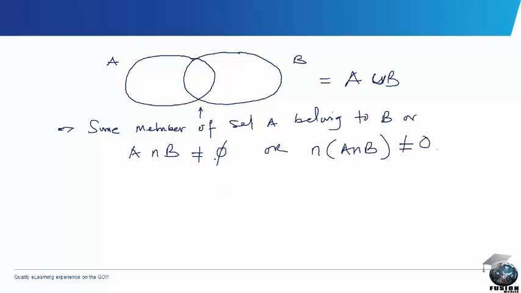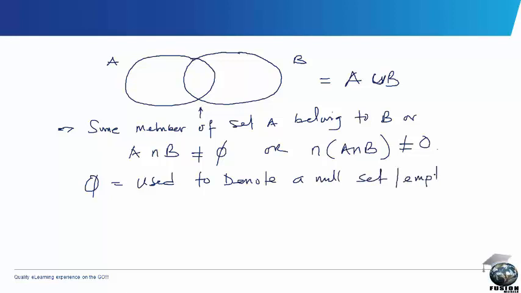There are members in A that are in B, and that brings about the overlapping of sets A and B. I hope you won't forget that this symbol is used to denote a null set. And we said in our first class that a null set is a subset of every set, a null or empty set.